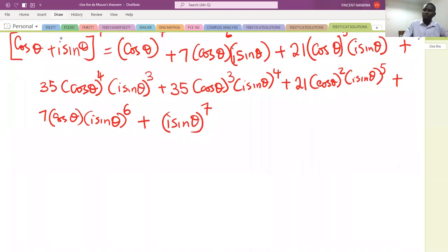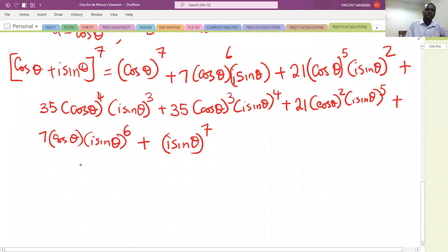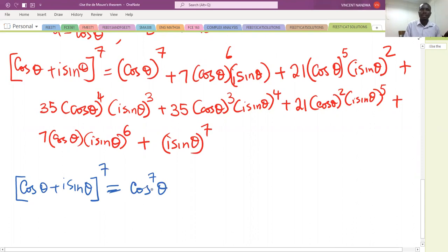So this will give us cos of theta plus I sine theta power 7 is the same as, the first term gives us cos power 7 theta plus, now we'll have 7i and then cos power 6 theta times sine of theta.